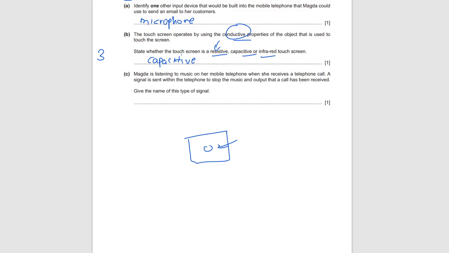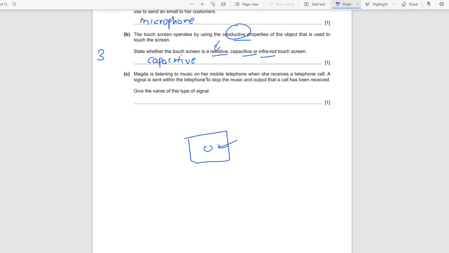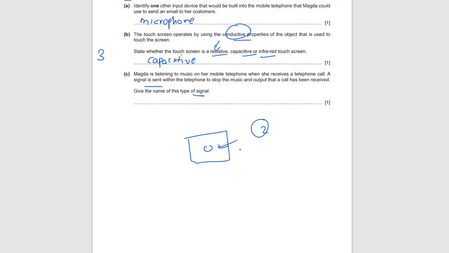Anyway, the next question says Magda is listening to music on her mobile telephone. When she receives a telephone call, a signal is sent within the telephone to stop the music and output that a call has been received. So what is this signal? We have 2 types of signals that you need to know in computer science: buffers and interrupts.